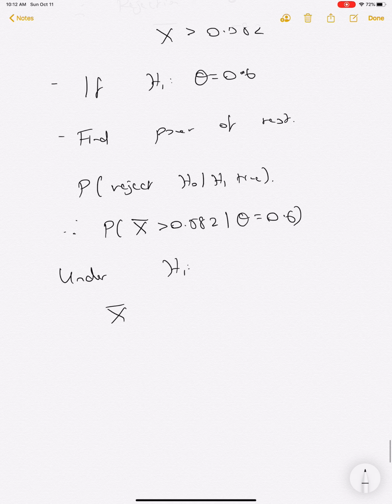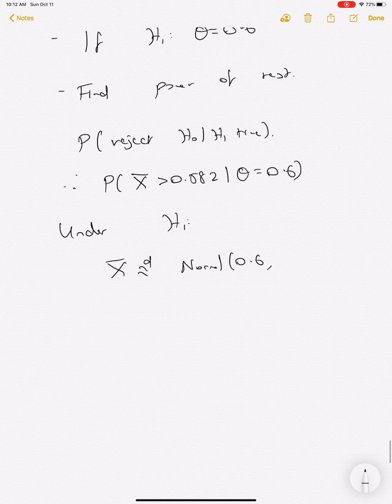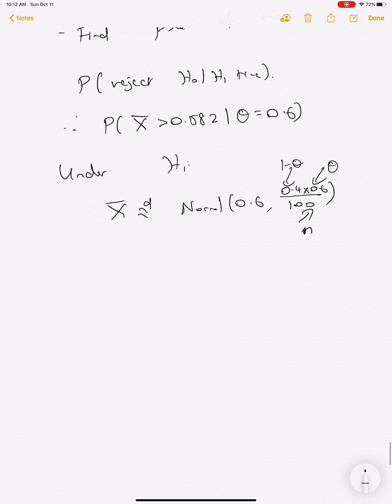So x bar is going to be approximately normal, but the mean is going to change to 0.6. The variance is going to be theta times 1 minus theta over n, so it's 0.4 times 0.6 over 100, because now that's our new theta, this is our 1 minus theta, and this is our n.